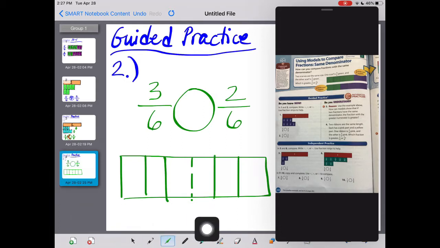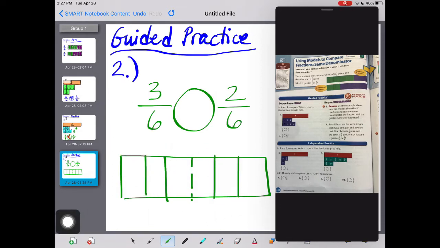Boom, 2, 3, 4, 5, 6. That means this one has 3 of them shaded, and this one has 2 of them shaded. And since both of these scarves have been divided up into 6 equal parts, each one of these individual parts is the same.